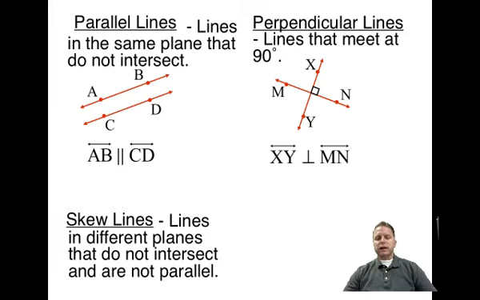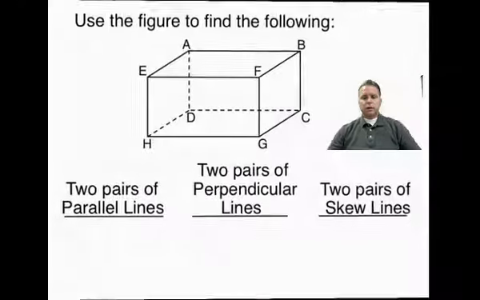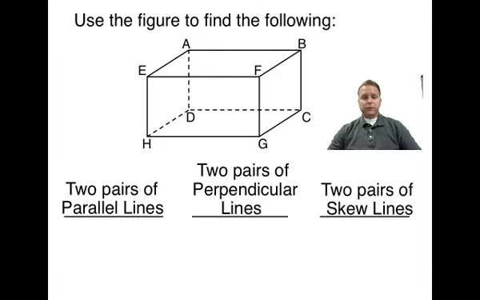Skew lines, I like the word skew, are lines in different planes that do not intersect and are not parallel. Okay, so I have that, and then that. The two red lines do not touch, do not intersect, and are not parallel.